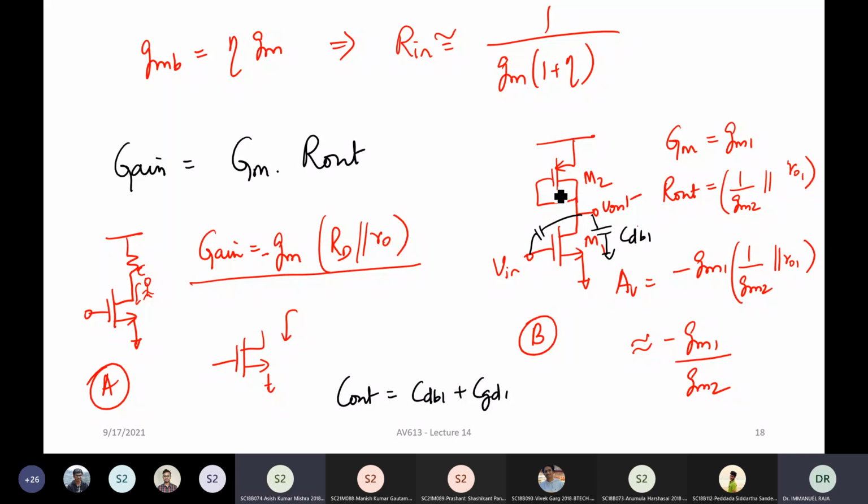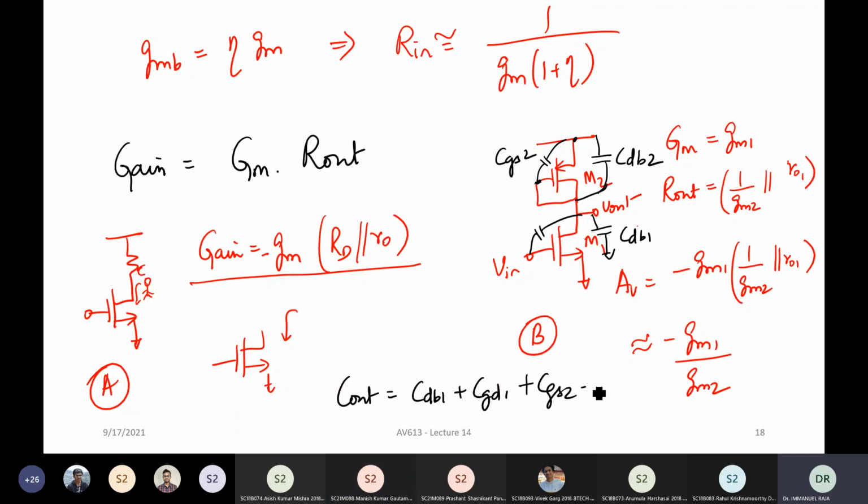And here you have CGS2, because these two are shorted, so the CGD is shorted out and not in the picture. CGS2 is there. Now from here, CDB2 also comes into the picture.